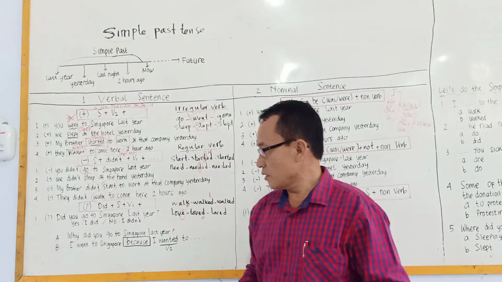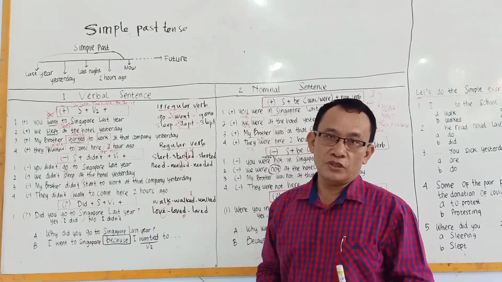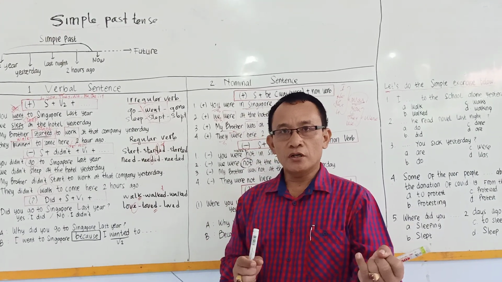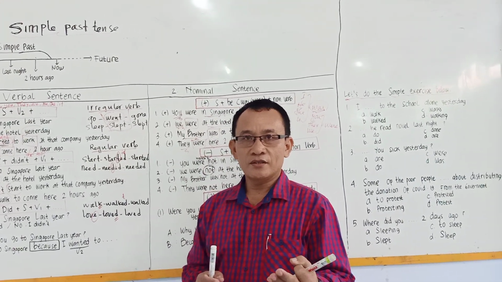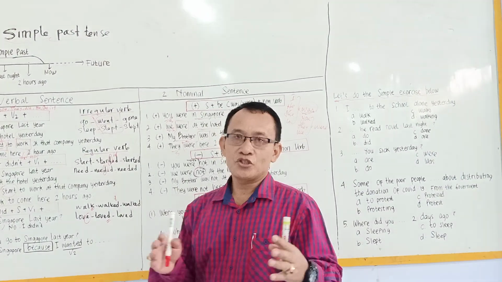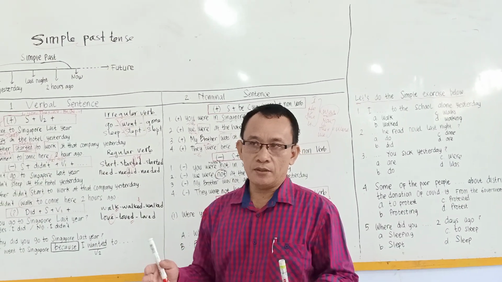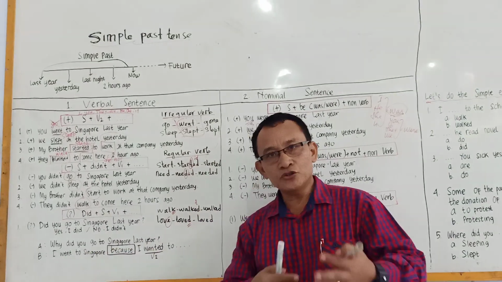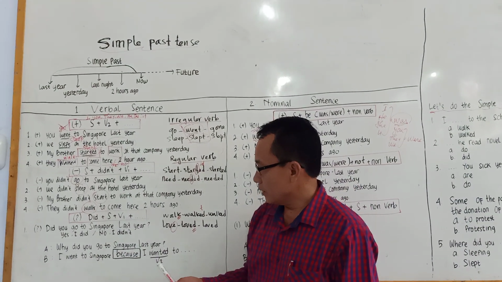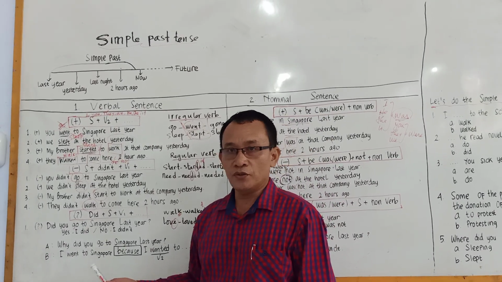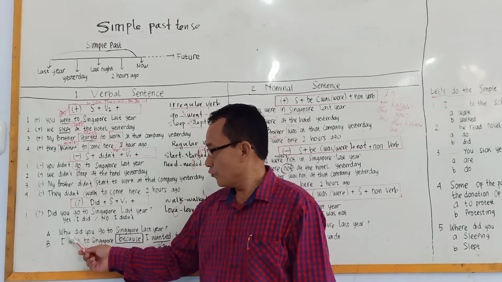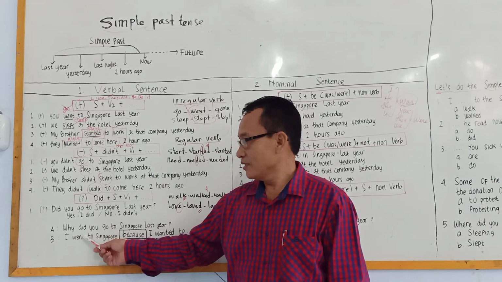And number two is WH question. WH means what, where, why, when, and so on, including how. How to make a question with WH? The same. After WH followed by did.